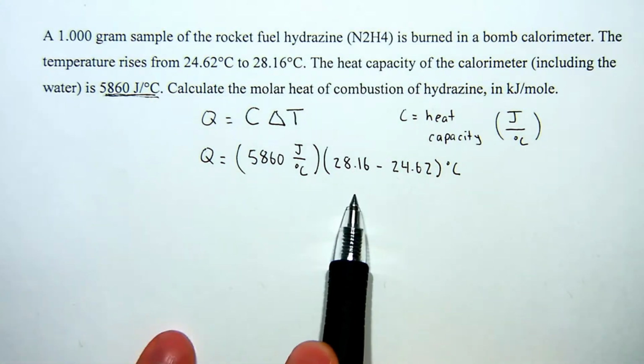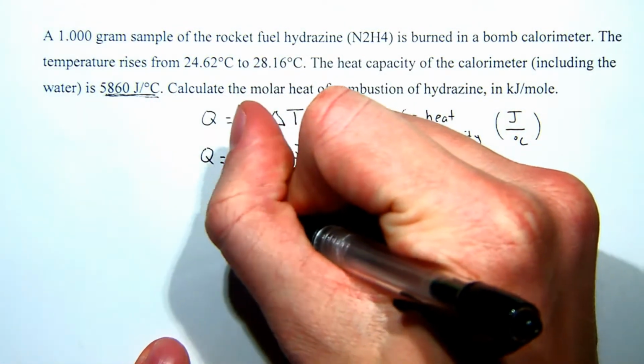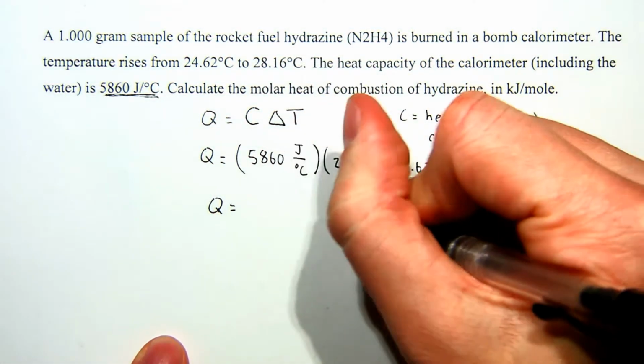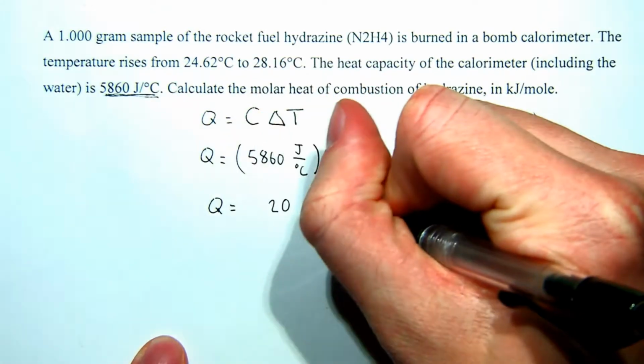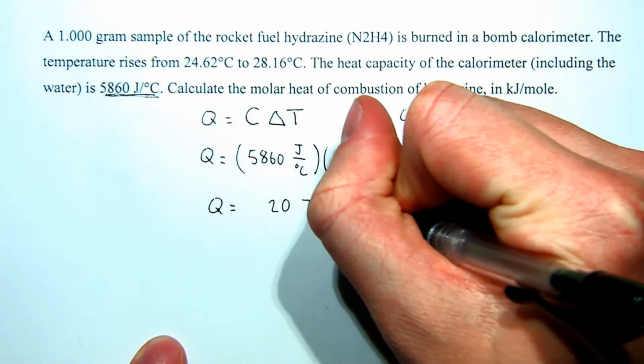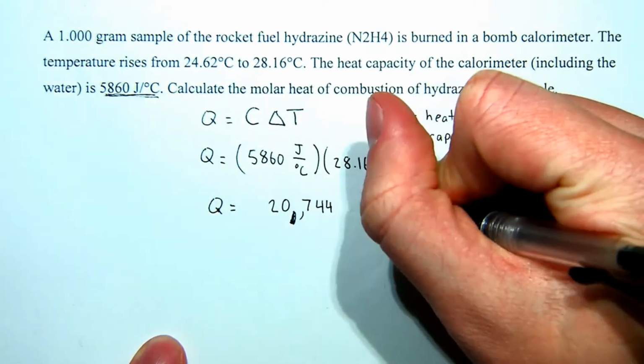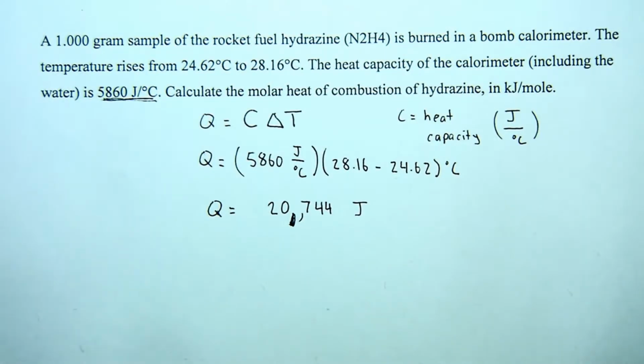And then you can just put this in your calculator, and we'll get out that from burning this 1 gram sample, there is 20,744 joules released.